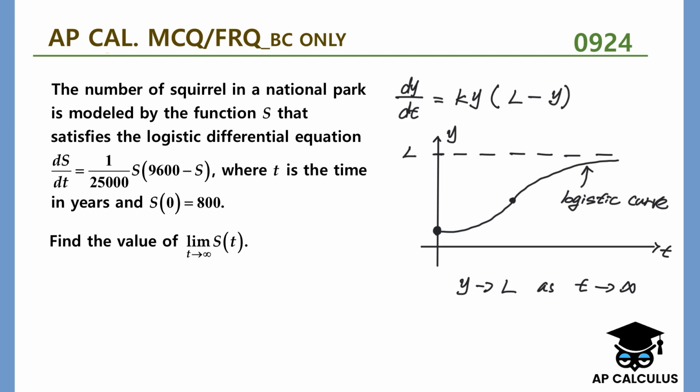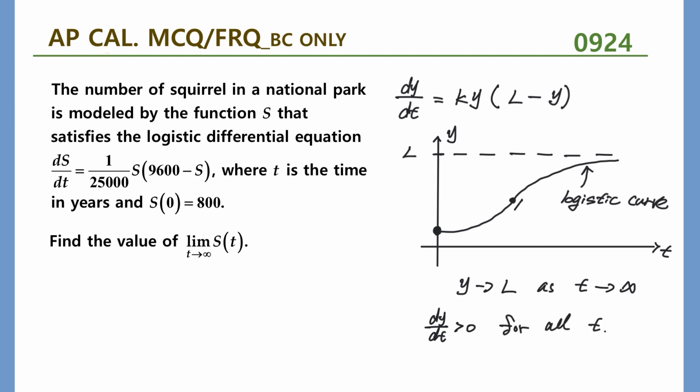As you see, the curve always increases, so dy over dt is always positive for all t, and we have a point of inflection of the curve y when the population is exactly half of the carrying capacity, which is L over 2.